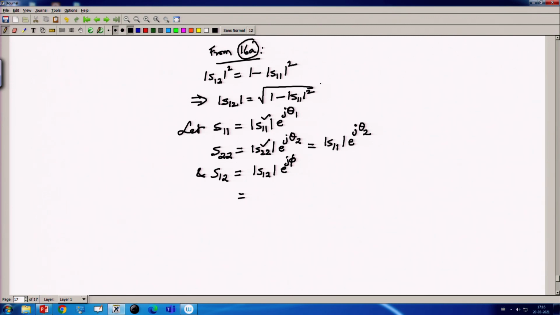And replacing in terms of mod S11, we can write this as root of 1 minus mod S11 square e to the power j phi. Let us call this equation number 18.